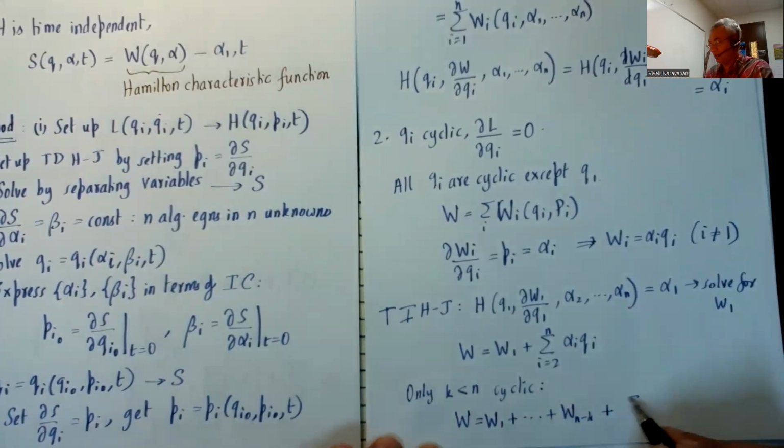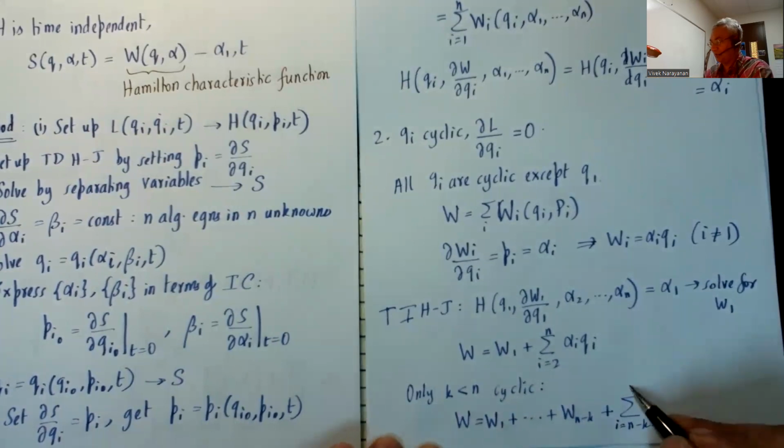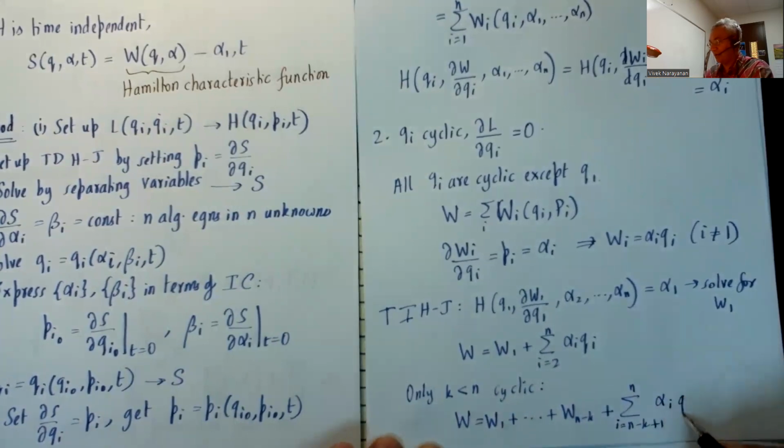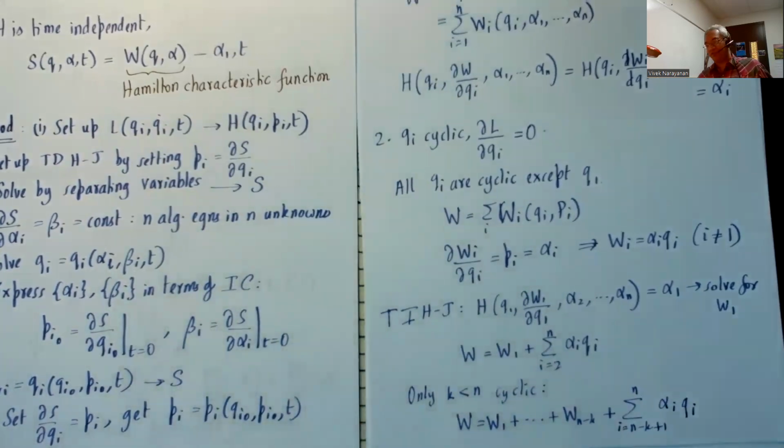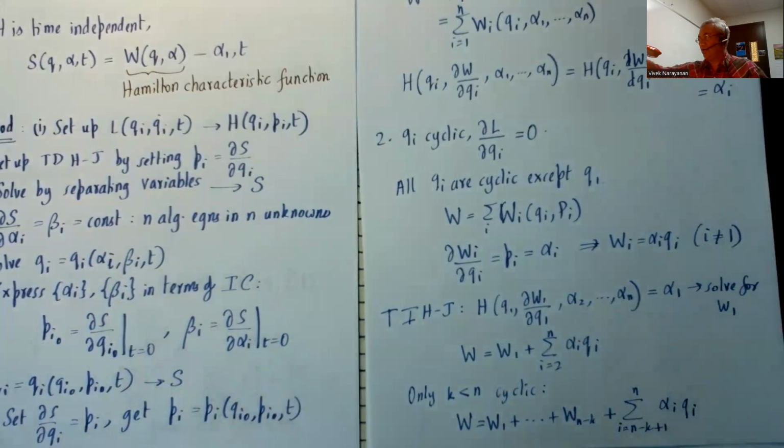And then the cyclic ones will be i equals n minus k plus 1 up to n of alpha i Qi. That's the general procedure. I've given out all this theory in lightning speed because I really want to get into solving the basic problem, which is the problem of projectile motion, which is what we're interested in this video.